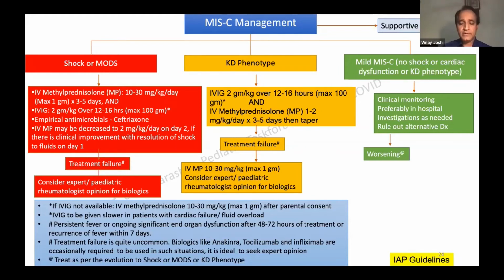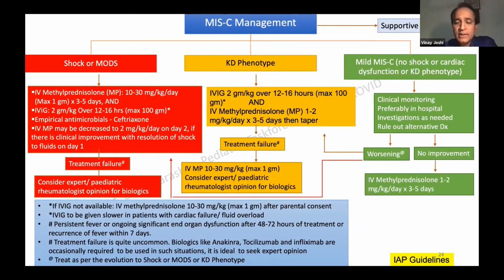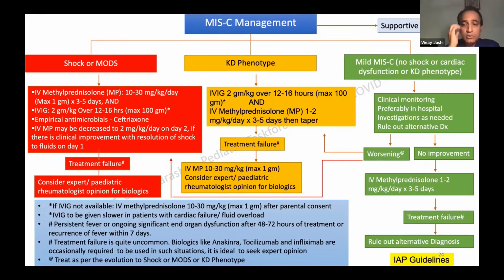If the child worsens in the hospital and there is evolution of MISC, and the child develops the KD or shock MODS type, treat the child accordingly. If there is no worsening but also no improvement, you may consider IV methylprednisolone 1 to 2 milligram per kilo per day for 3 to 5 days and see the response. But if there is no response and treatment failure as we discussed, then again look for an alternative diagnosis and try to rule it out. Now this slide is taken from the IAP guidelines.